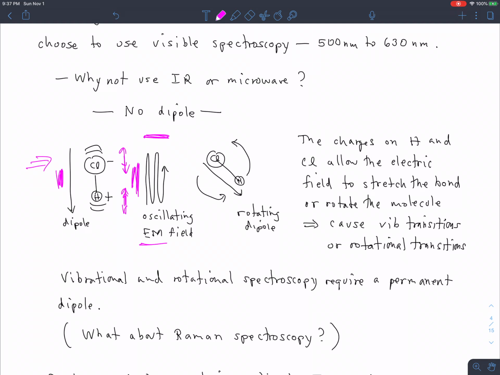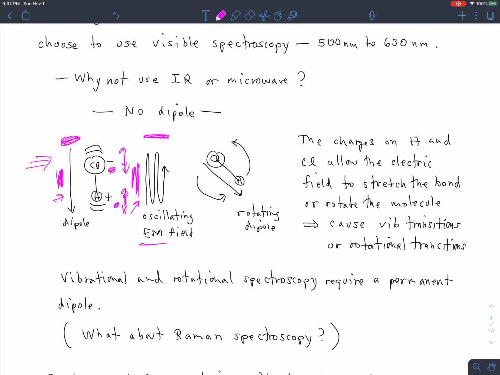If you push with the right frequency, the swing goes higher and higher, and that's what happens also when the frequency of the light matches the frequency of vibration for an HCl. But you have to have a dipole moment for that to work. There's nothing to push on if there isn't any charge difference between the two atoms.